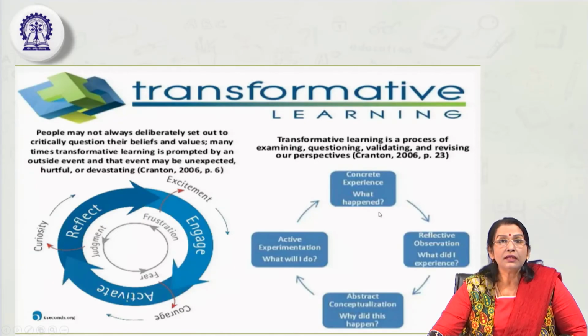Okay. Transformative learning is a process of examining, questioning, validating, revising and arguing our different perspectives. This is Kolb's model that we have already discussed. Concrete experience is what happened actually when we experience a particular event, situation or context. After that we analyze what happened, then we reflect on it and observe it.